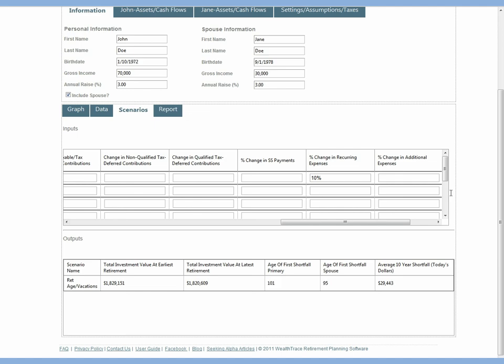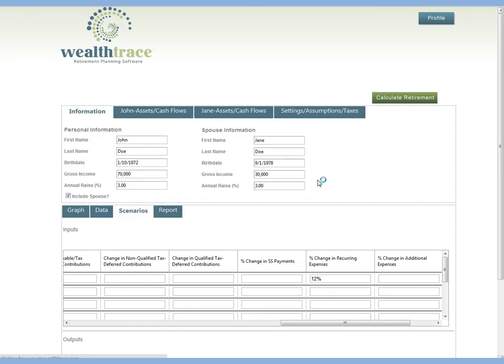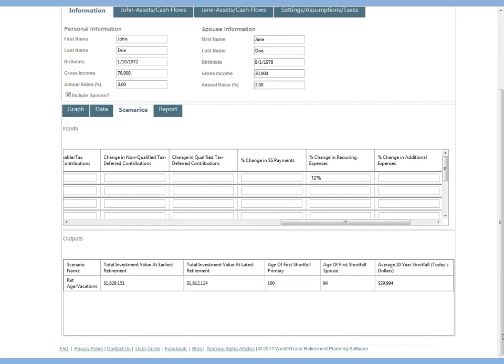So let's try 12%. That did it. Now this couple can enjoy their newfound wealth and still feel very comfortable that they won't run out of money in retirement too soon.